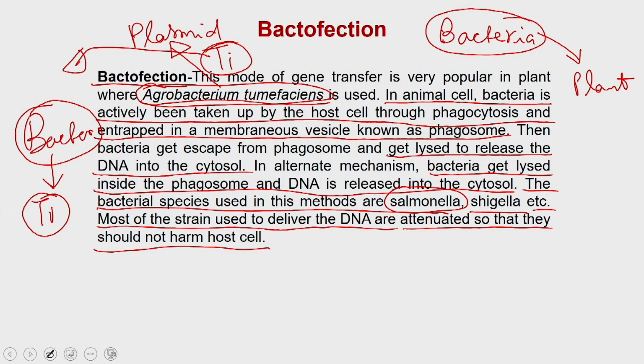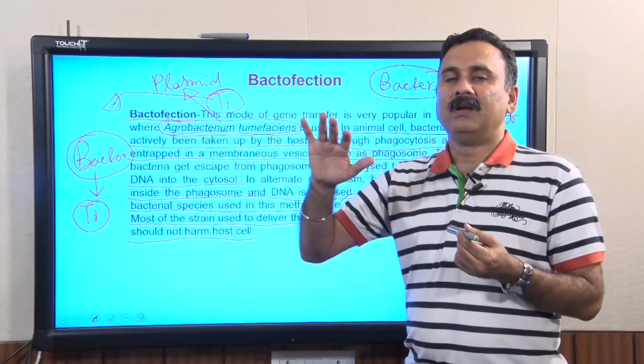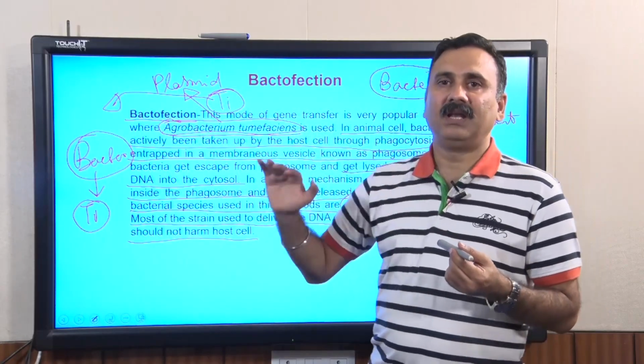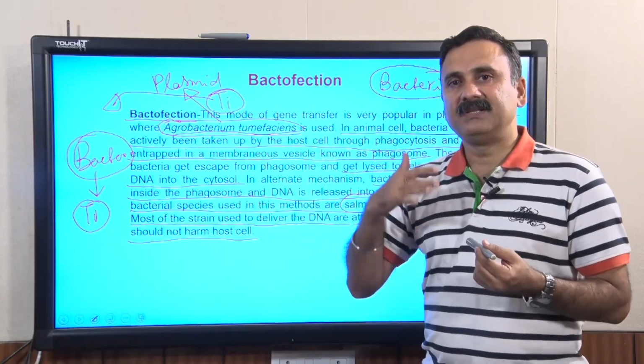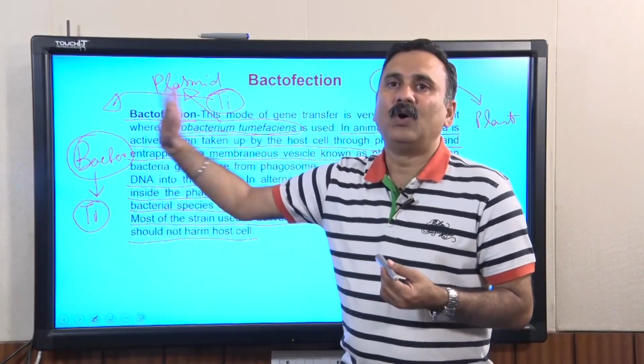So Agrobacterium tumefaciens has the ability to infect the plant. Once it infects the plant, it causes a wound, and in this process the bacteria actively transfers its genetic material, and it also transfers the Ti plasmid along with that.